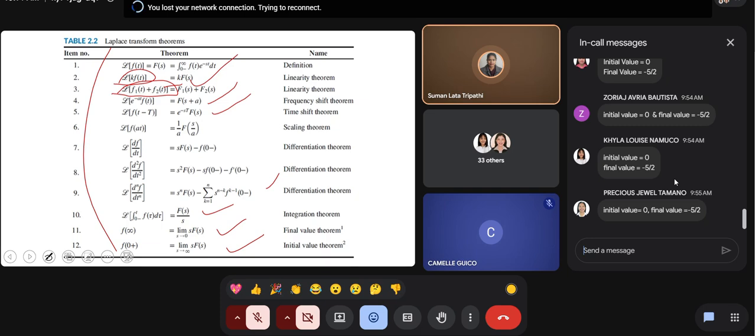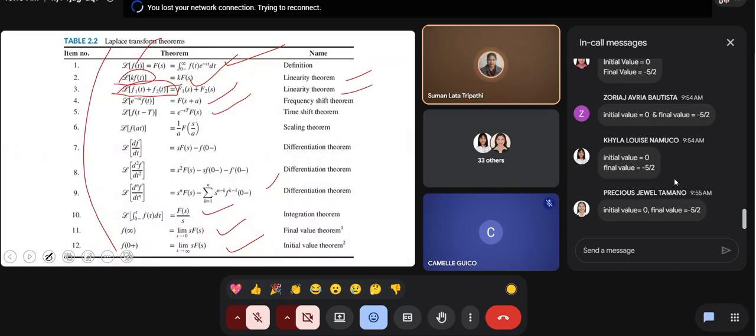The name of this one is the definition of Laplace transform: if you want to take the Laplace transform of any function, you can integrate it from 0 to infinity. 0 minus represents just the value when it has started. Okay, and f(t) e to the minus st dt, and all these theorems here.